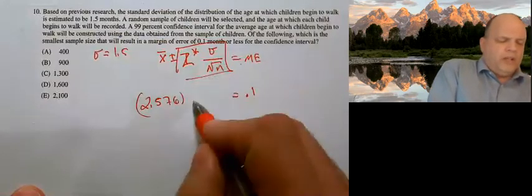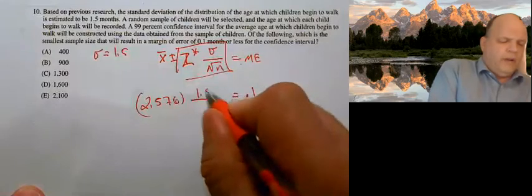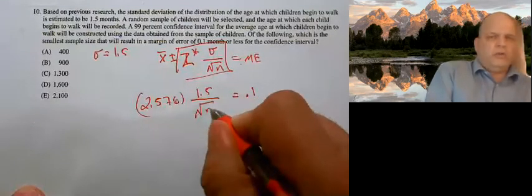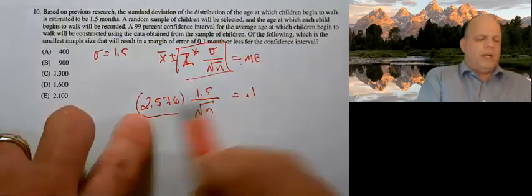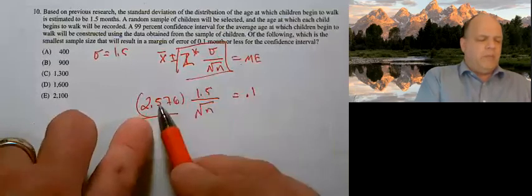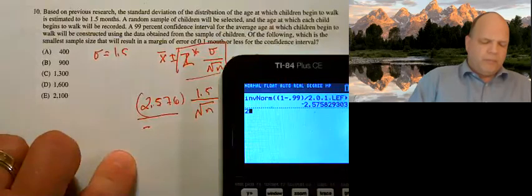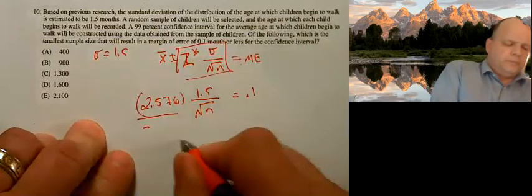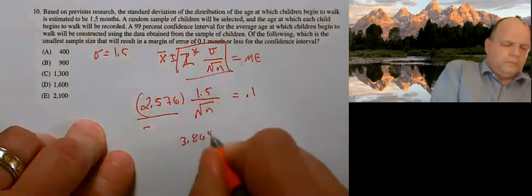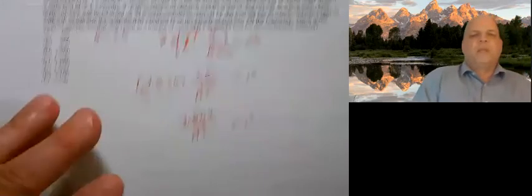Times my standard deviation, which is 1.5, divided by the square root of n. Well, I'm going to go ahead and multiply 2.576 times the 1.5. And I end up getting 3.864 over the square root of n equals 0.1.